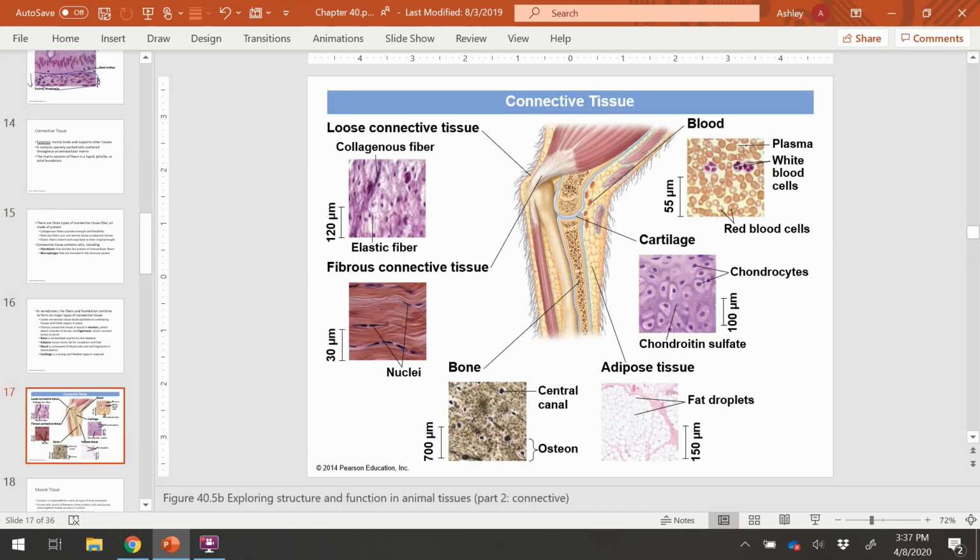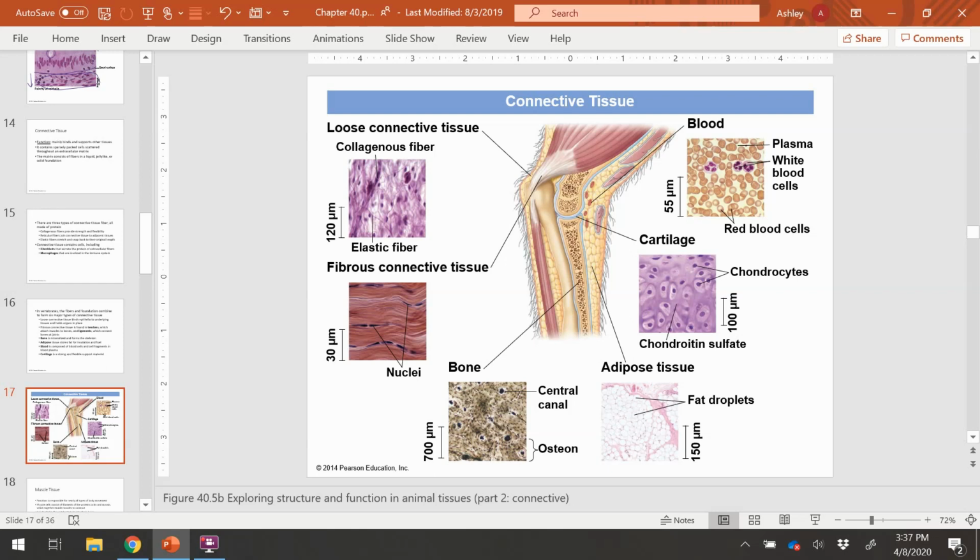You can see how connective tissue will be in very many aspects of the body. And so it's going to be found pretty much everywhere in the body. You have the fibrous connective tissue connecting muscle to bone here. You have cartilage in between bones. You have fat tissue surrounding these bones.